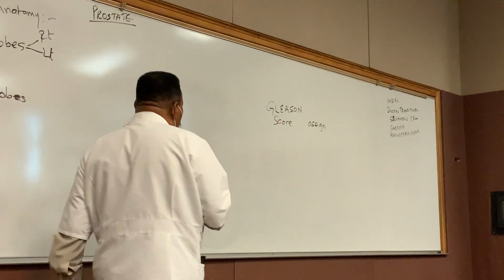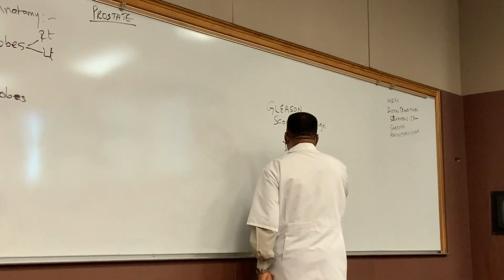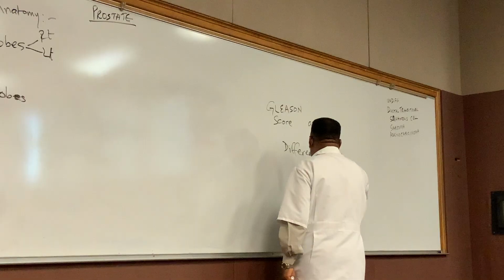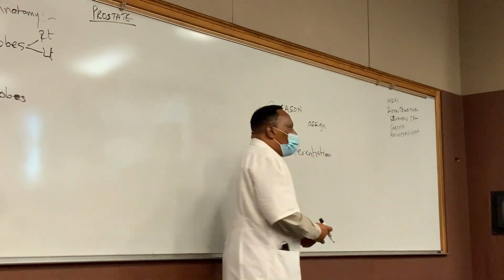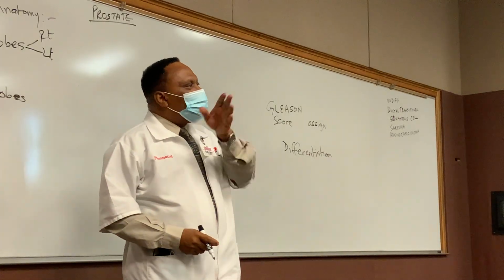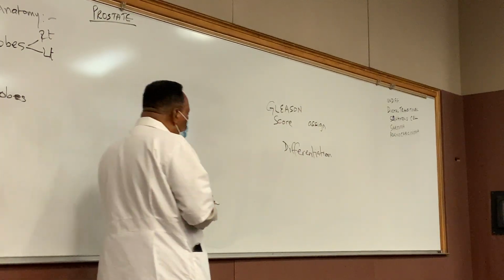In other words, you look at the degree of differentiation that is going on in those 2 lobes. And you assign a number based on how active those tissues are.